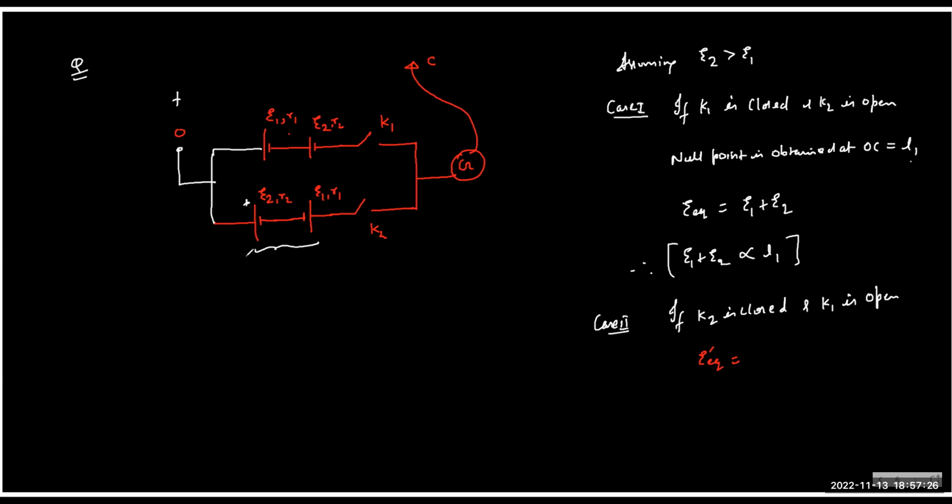In that case, the null point cannot be obtained. That's the whole idea. It means some current will flow. You cannot stop the current; current will come to the path for sure. If you want, you can make a note of it: the net EMF must be positive on the left.